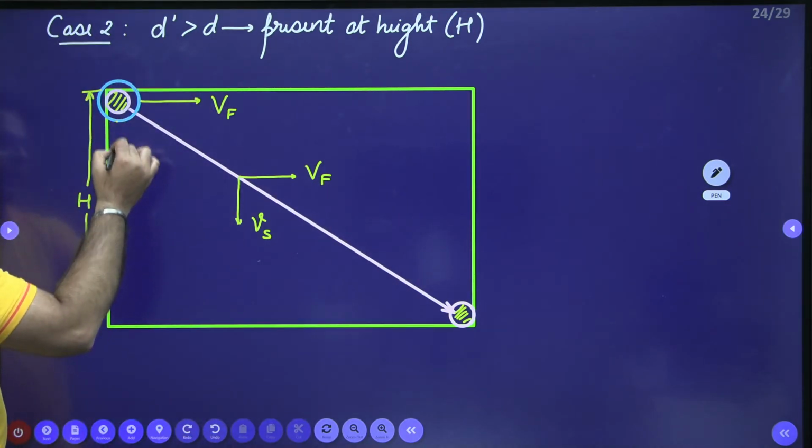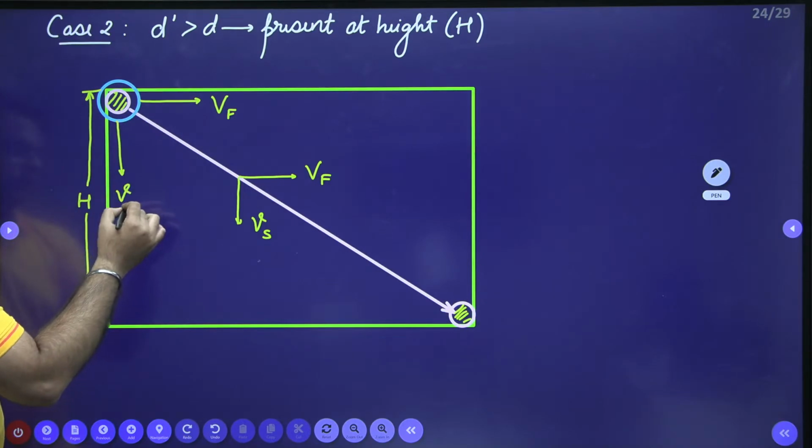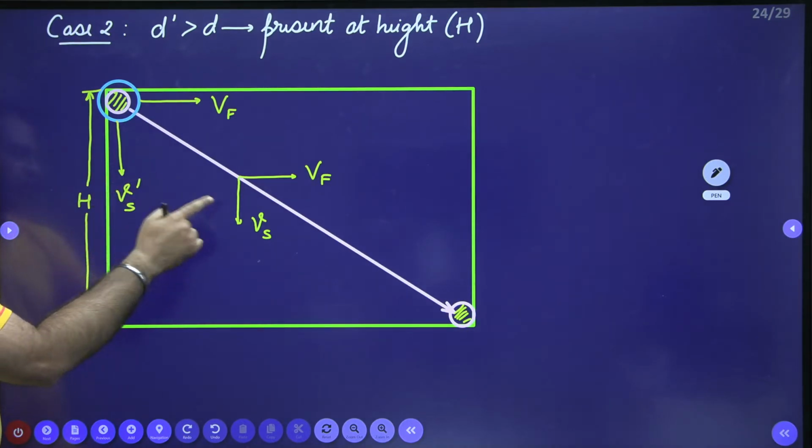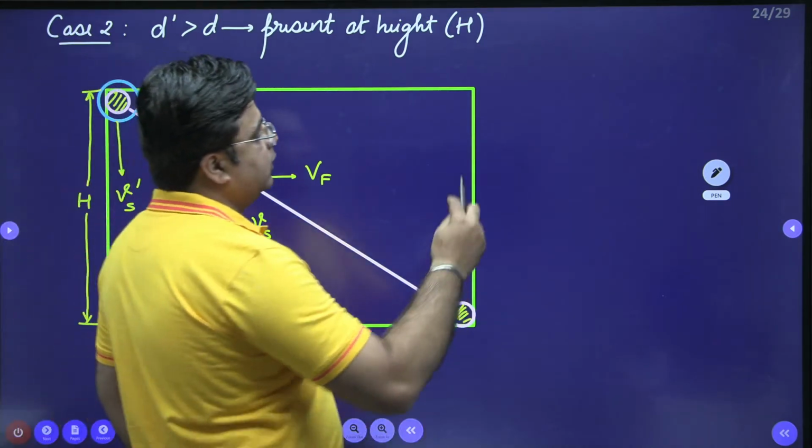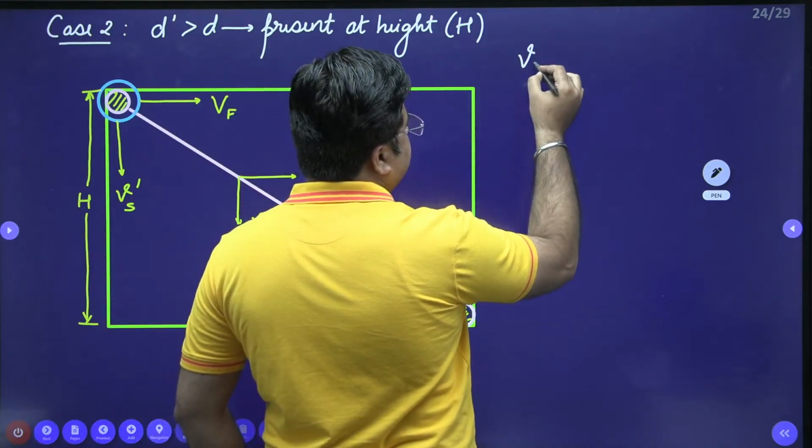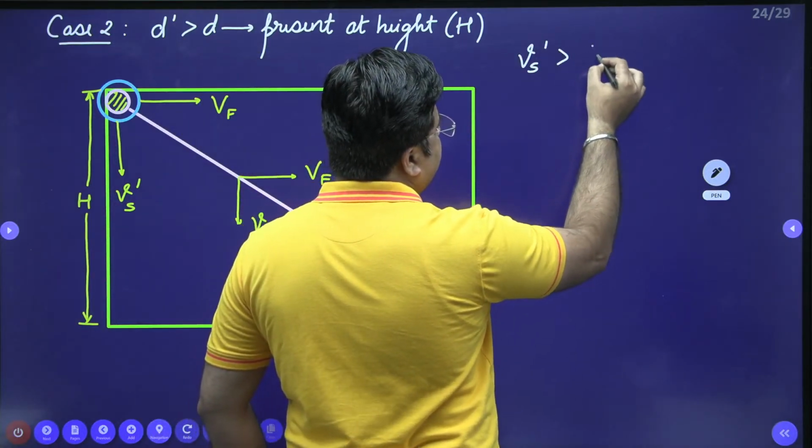But now the settling velocity Vs dash will be more than Vs.